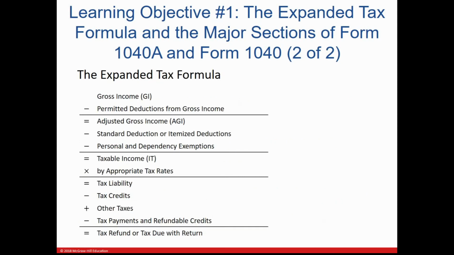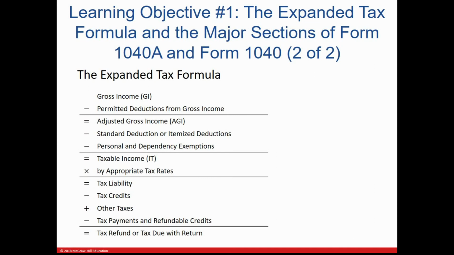This is the expanded tax formula, and many of the primary components, of course, remain from the first chapter, but we're adding more detail now to this formula. We start with, as we said earlier in Chapter 1, gross income, and then we'll deduct permitted deductions from gross income to arrive at adjusted gross income, or AGI. And then we'll deduct the standard deduction, or itemized. We'll talk about the choice taxpayers have to either claim the standard deduction for their tax reporting classification or itemize their deductions, whichever is more beneficial.